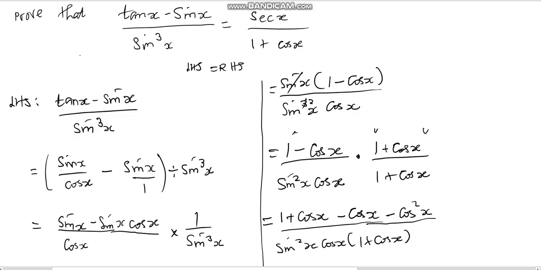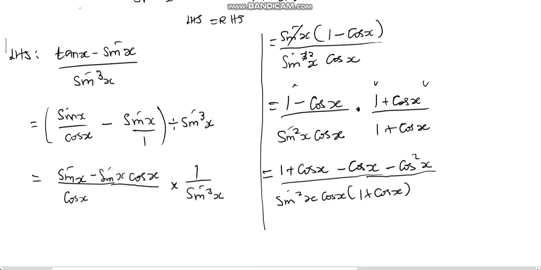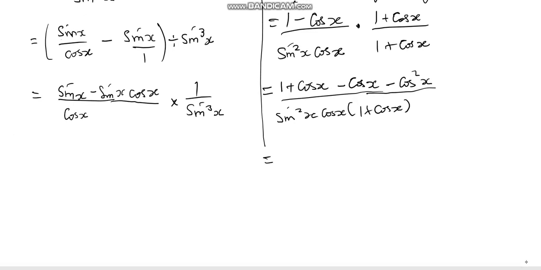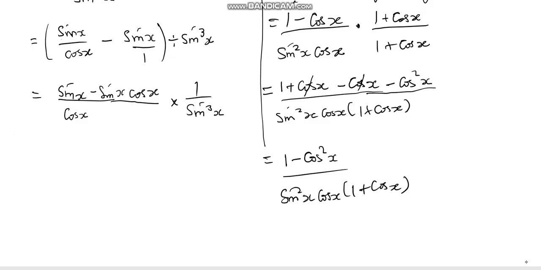Here you notice that cos x and negative cos x will cancel out. On top we're left with 1 minus cos squared x divided by sin squared x cos x, open brackets, 1 plus cos x. What we have on top comes from a Pythagorean identity.